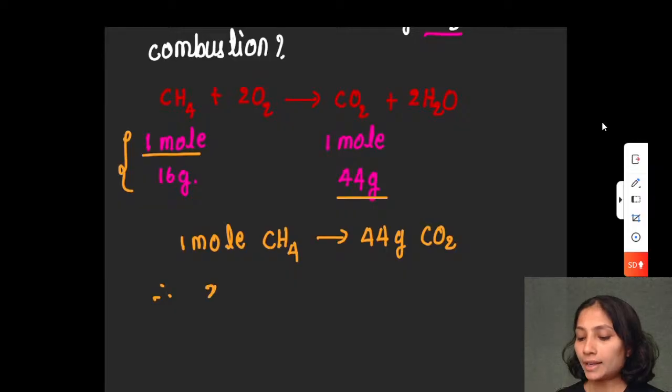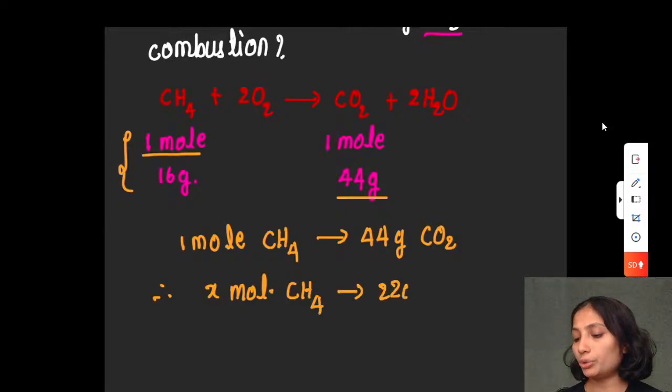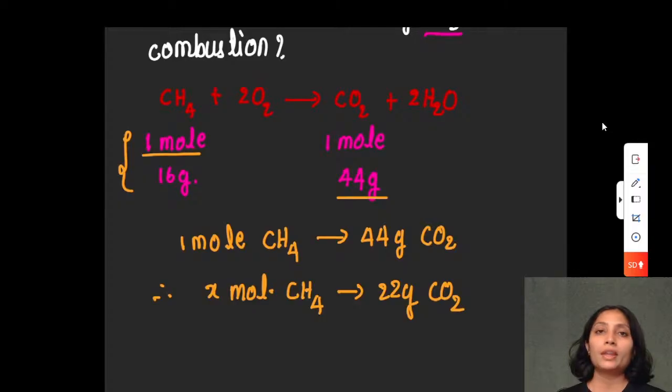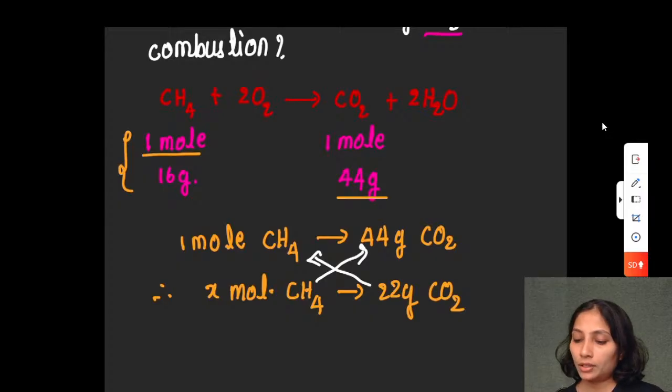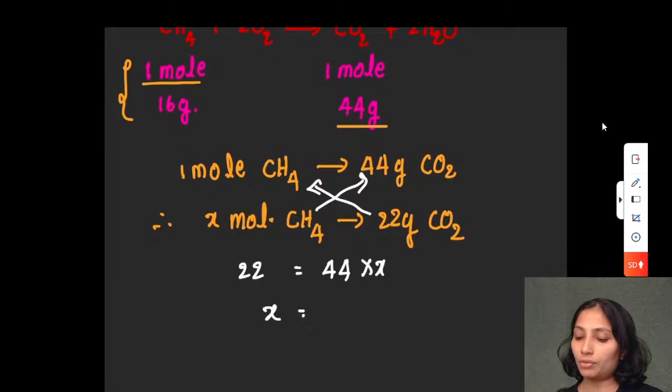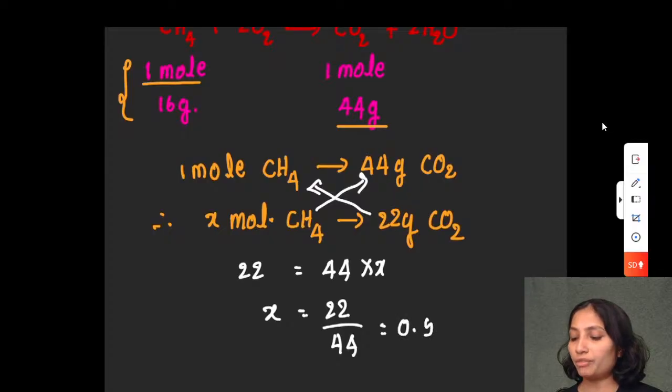Therefore, x mole CH4 required to produce 22 gram CO2. I don't know how many moles of CH4 are required. Just cross multiply and calculate it. 22 is equal to 44 into x, or x is equal to 22 by 44, which is equal to 0.5.